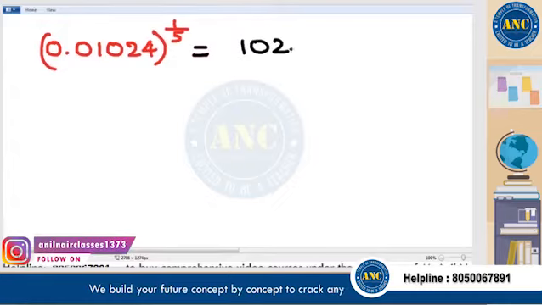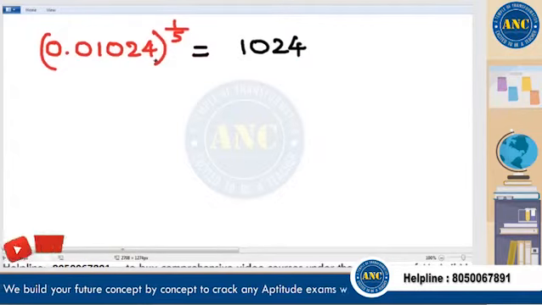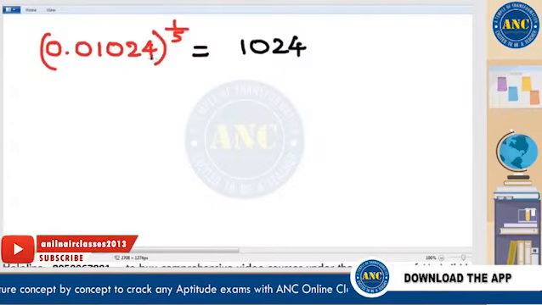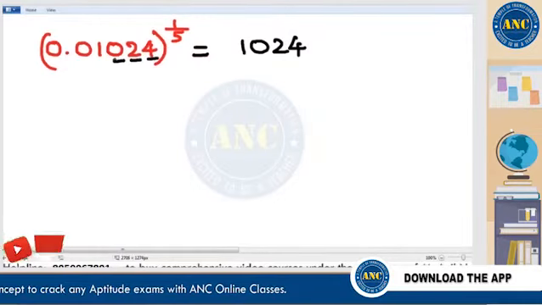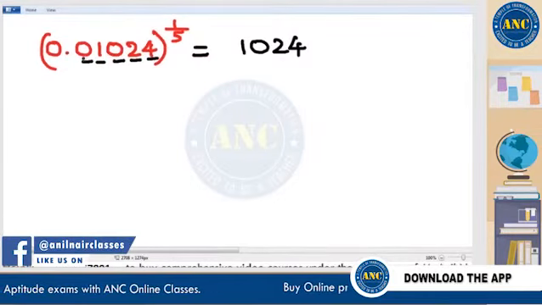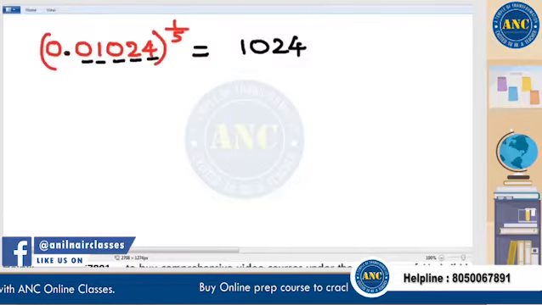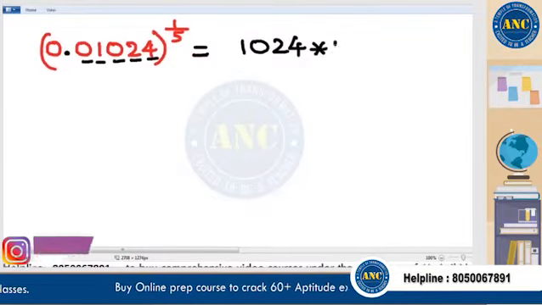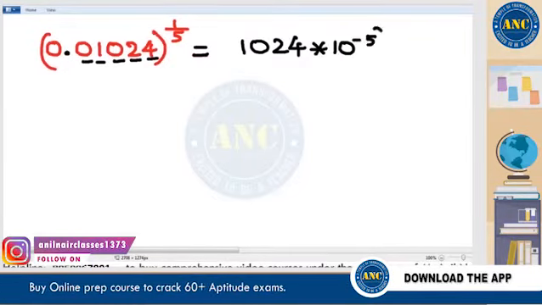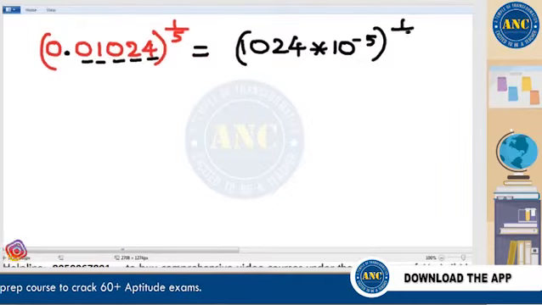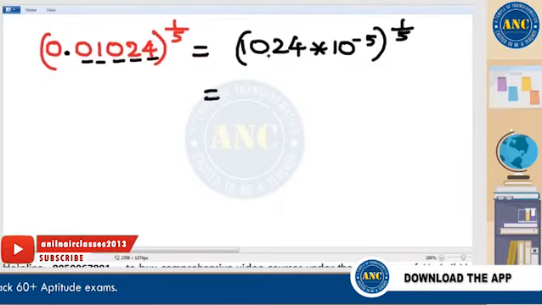First of all, I will write it as 1024, and if I start from the right-hand side, 1 place, 2 places, 3 places, 4 places and 5 places. After 5 places I have a decimal point. So it is nothing but multiplied by 10 power minus 5, whole power 1 by 5, right?